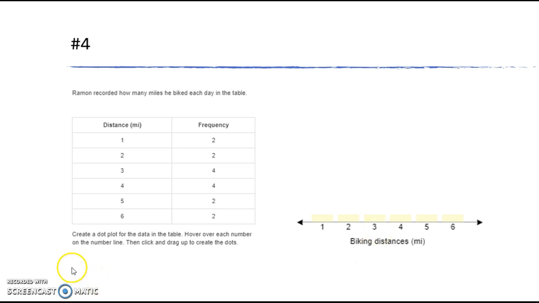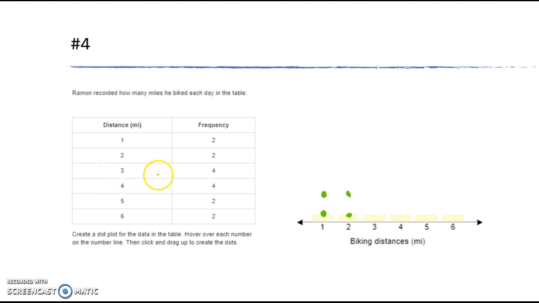A dot plot tells us the frequencies of our values. So for right here, a distance of 1 mile, that happened 2 times. So I know that I'm going to use 2 dots for my value of 1 mile. Similarly, the distance of 2 miles has 2 dots because the frequency says 2, and you will just keep going in this pattern.